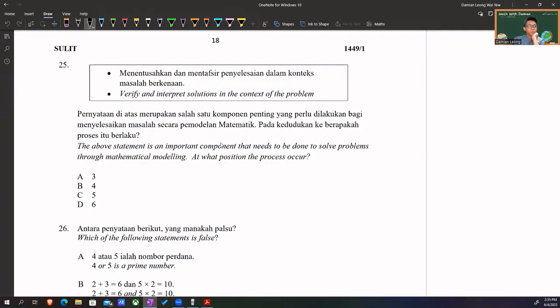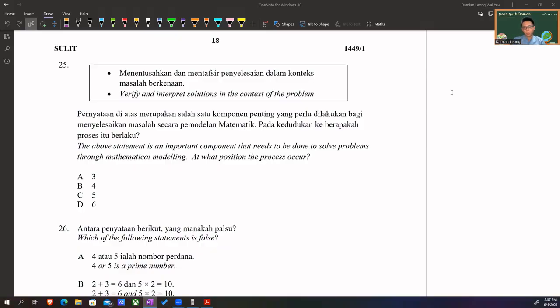Then we identify the variables, and also make assumptions.